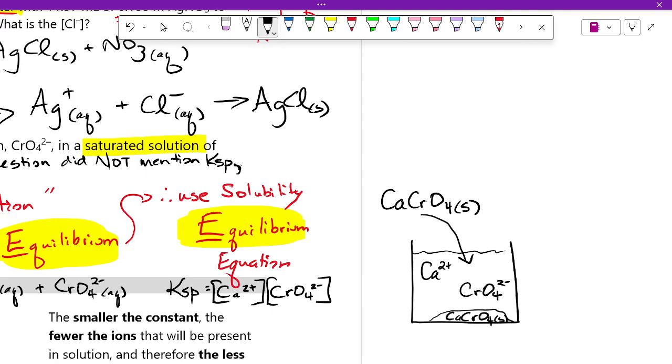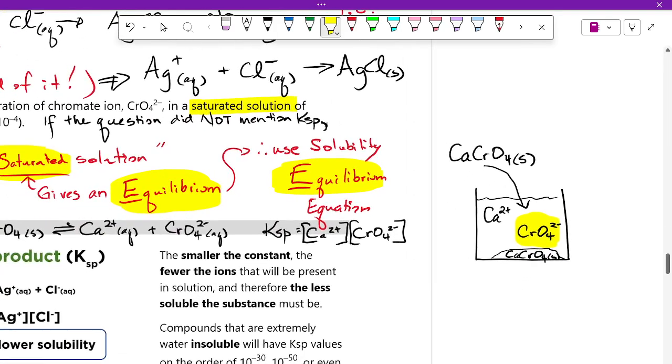So if you want to know the concentration of the chromate, let's make the concentration of the chromate equal X. What would the concentration of the calcium be? Also X. Yeah?